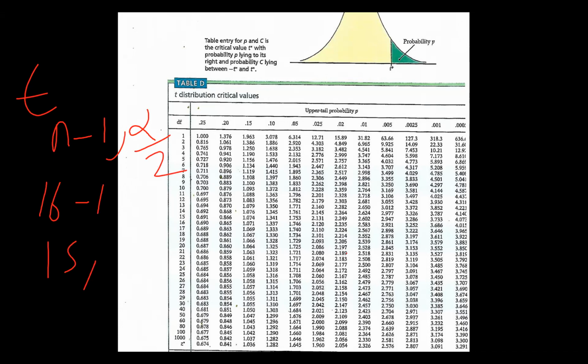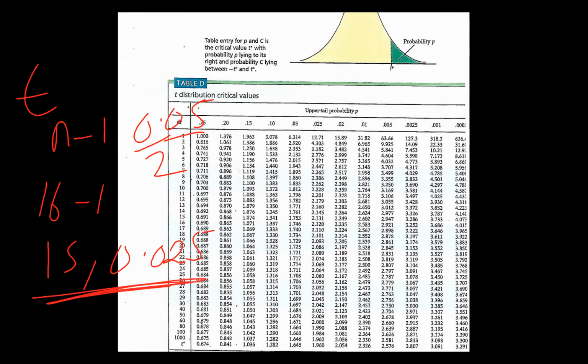What was our alpha? Our alpha was 0.05. You divide that by 2, it will be 0.025. So 15, comma 0.025.